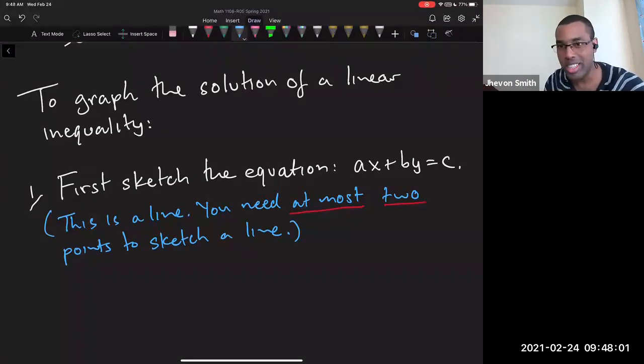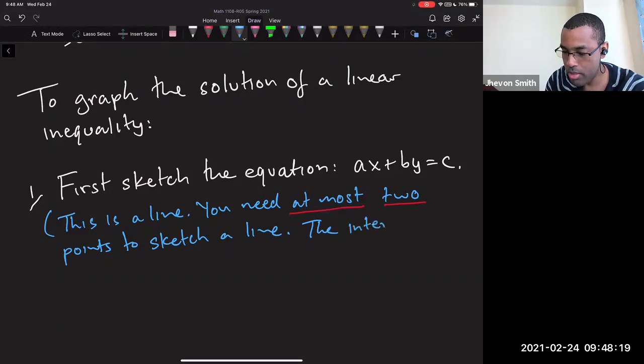You're wasting a lot of time if you ever plot more than 2. A lot of times you don't even need 2, but at most, the most amount of points you need to plot any straight line is 2 points. The intercepts are often convenient points.